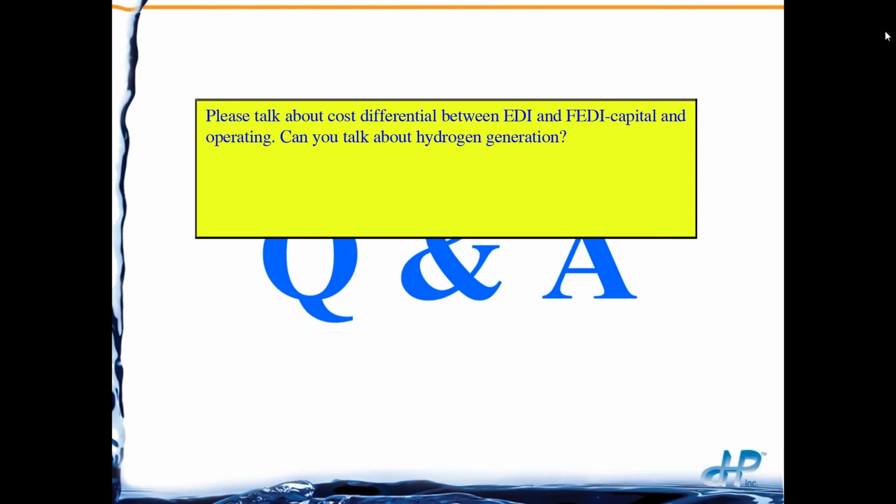Another question: please talk about the cost differential between EDI and Fedi, capital and operating cost. If we look at the 2, it's definitely dependent upon the application. If you're looking at a double pass RO design where we're using the high flow Fedi stack, we're extremely cost competitive to the traditional EDI and typically a lot better. Again, it depends upon flow rates and the application.